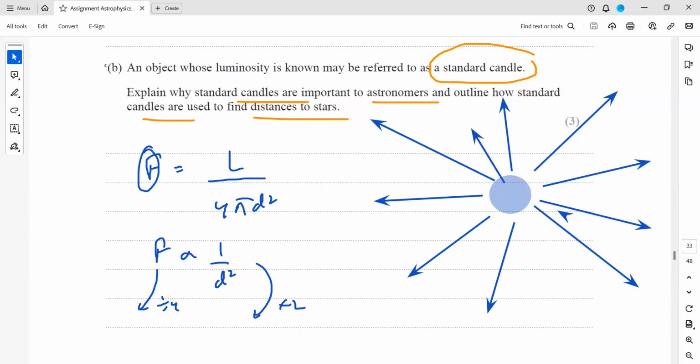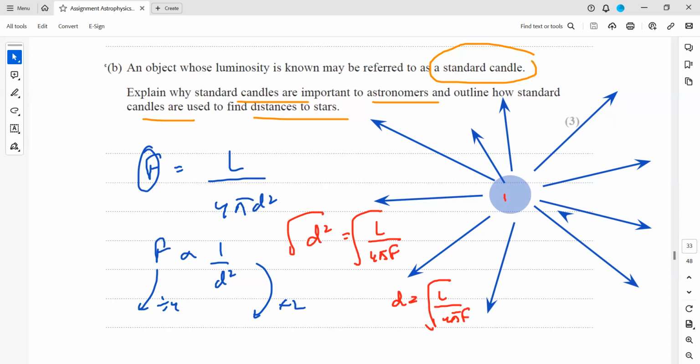And we know flux is inversely proportional to distance squared. So we use the relation F equals L divided by 4 pi d squared. If I need d, the distance, then d squared equals luminosity divided by 4 pi F. And if I need d, I will take the root. So d equals the square root of L divided by 4 pi F.